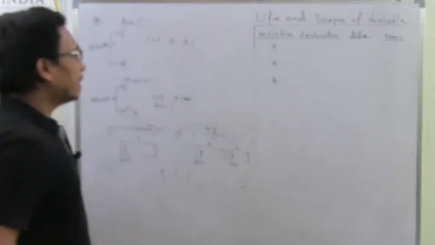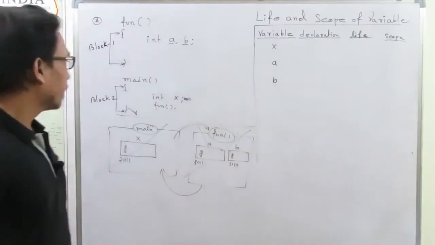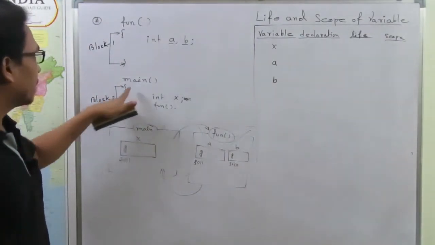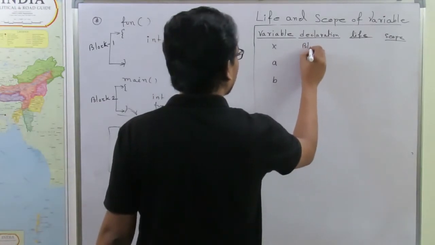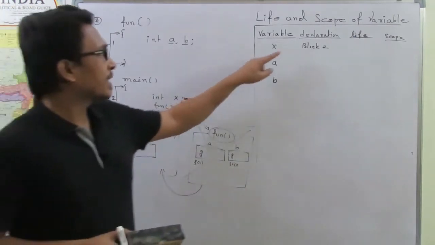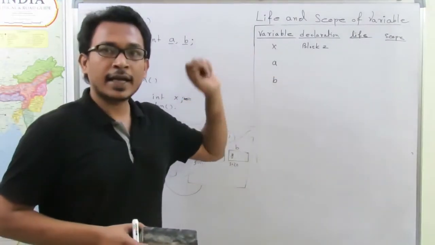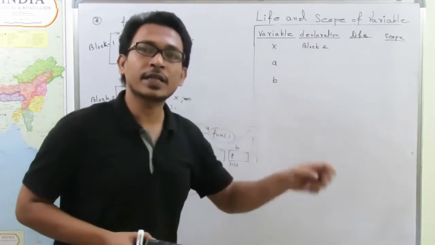Now in which function, in which block is variable x declared? The variable x is declared in block 2, that means the main function. So from where can we access this particular variable x? We can access it only from the block in which it is declared.